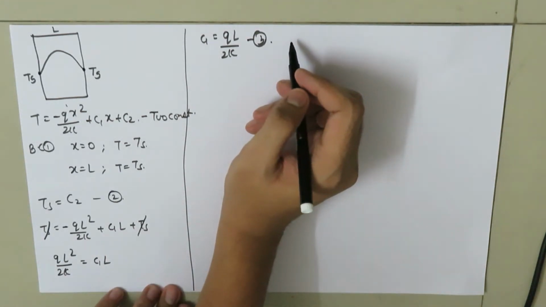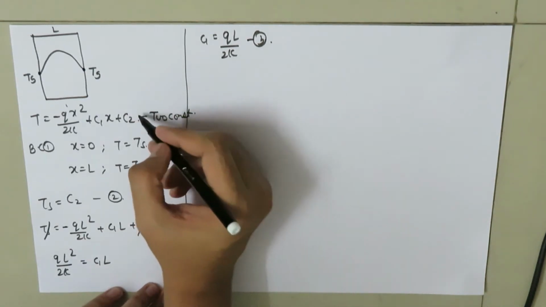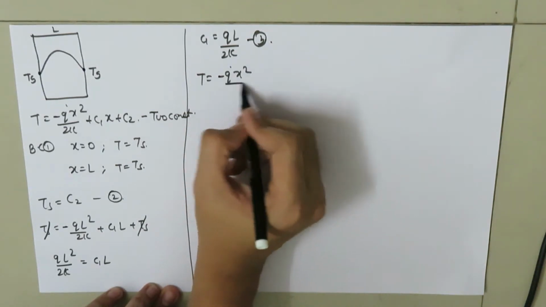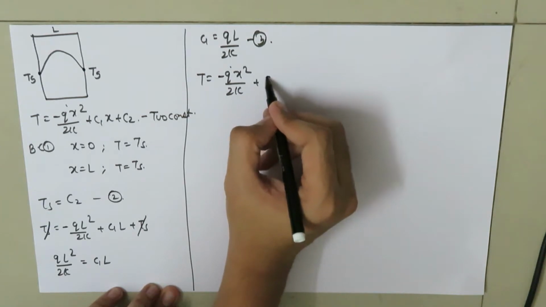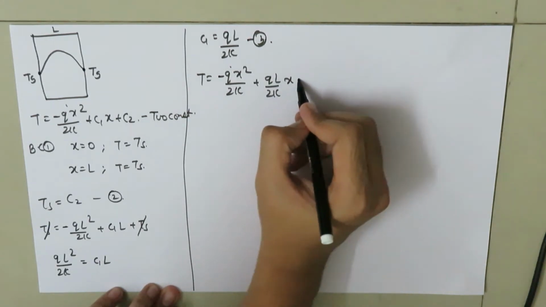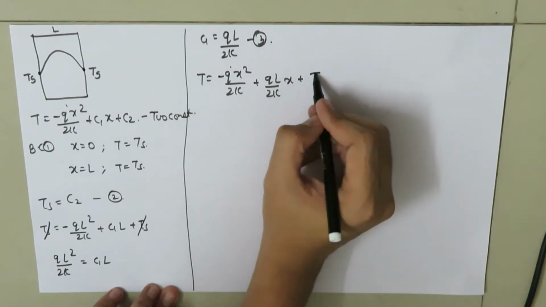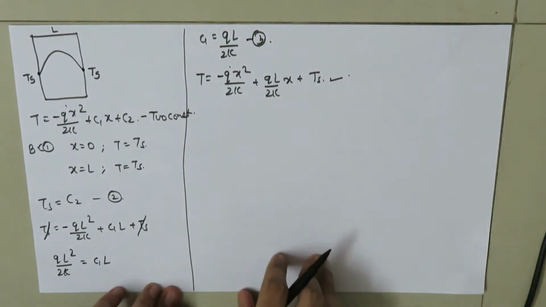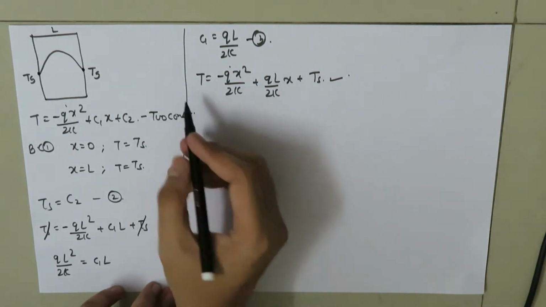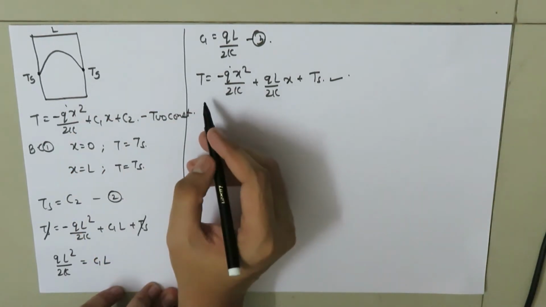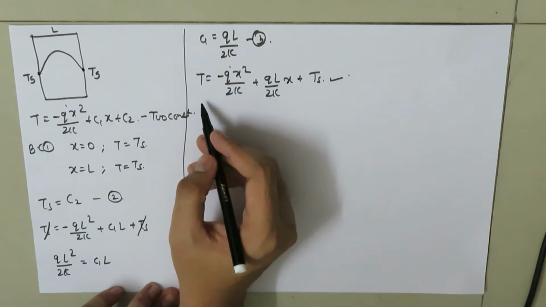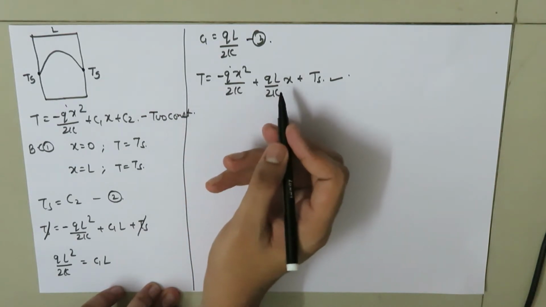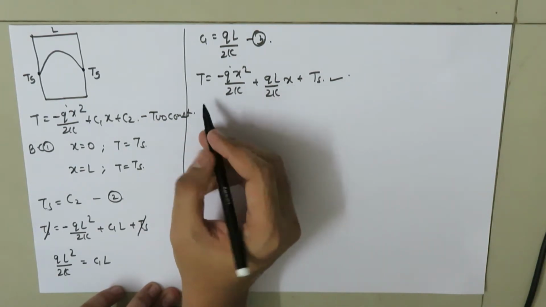Now we'll put equations 2 and 3 in equation 1. So we get T is equal to negative q dot x squared by 2k plus c1, which is qL by 2k, times x plus c2, which is Ts. So we came up with this equation. Now we need to find the maximum temperature inside this slab. In order to derive the maximum temperature, we will take the derivative of dT with respect to x and put it equal to 0.